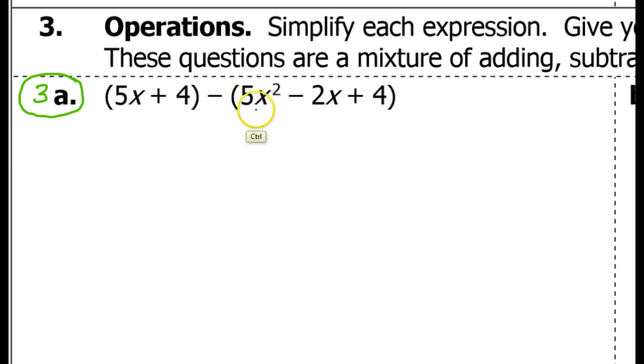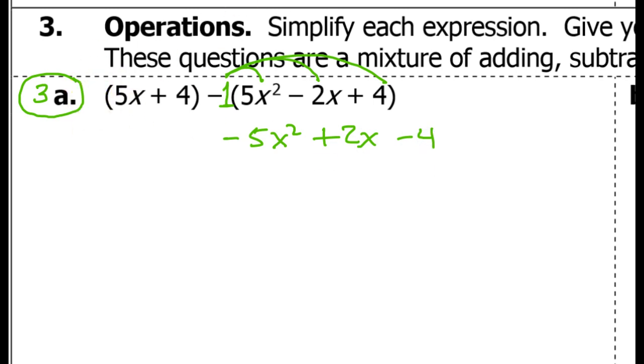Number 3a is another subtraction problem. So when I see this subtraction, what I'm going to do is put a 1 here, which really is a negative 1. And I'm going to take that negative 1 and distribute it across the parentheses. So that is going to give me negative 5x squared plus 2x minus 4.